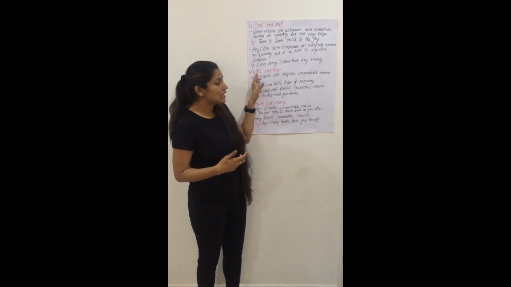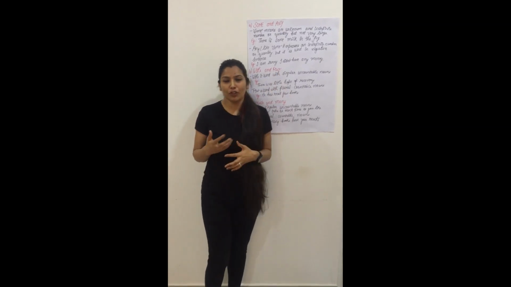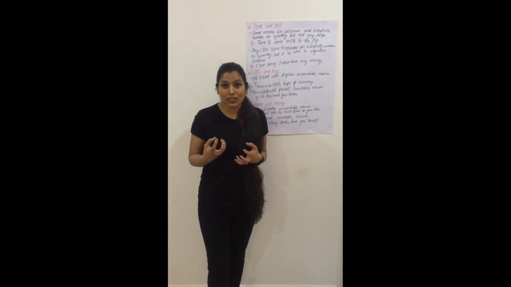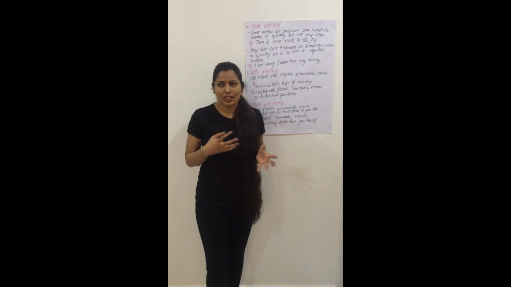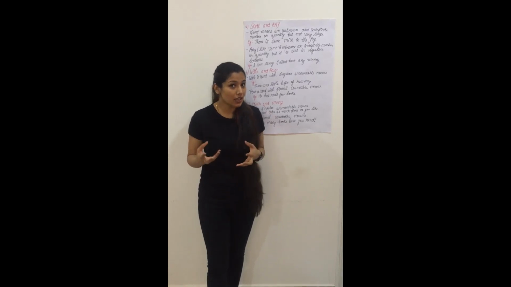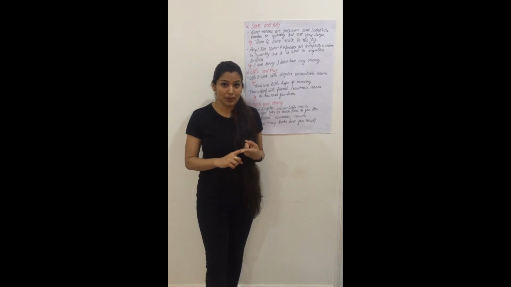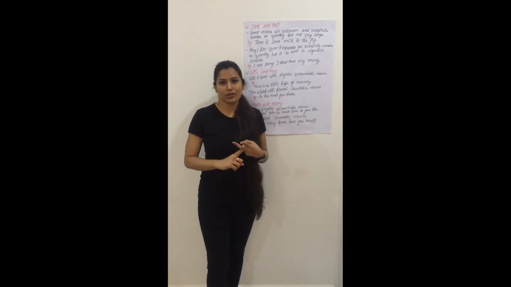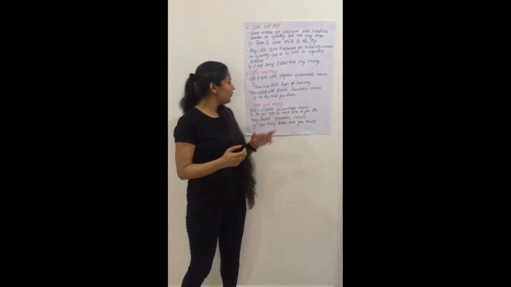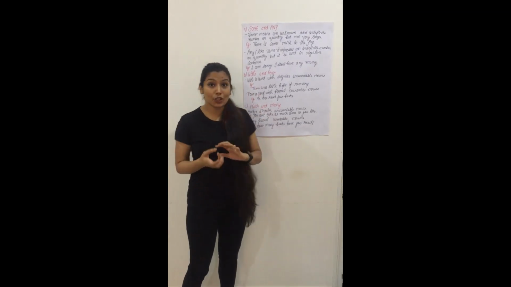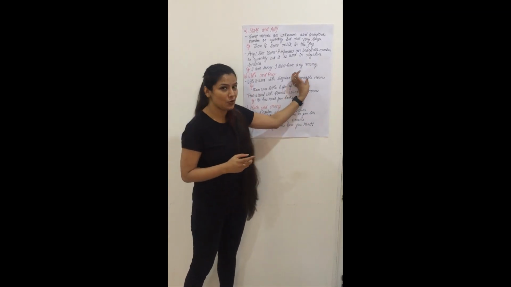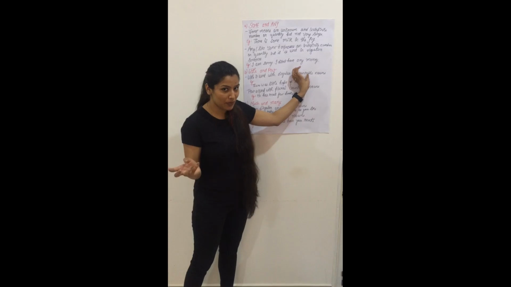So next one is little and few. Before moving on to this, let's discuss what uncountable nouns are. Uncountable nouns are those nouns which cannot be counted. For example, water, milk, gas, electricity, etc. So little. Little is used with singular uncountable nouns, the nouns which cannot be counted.